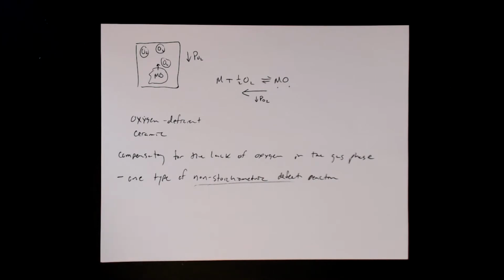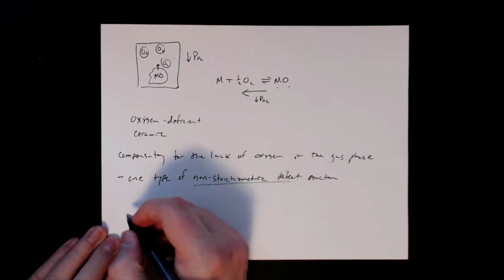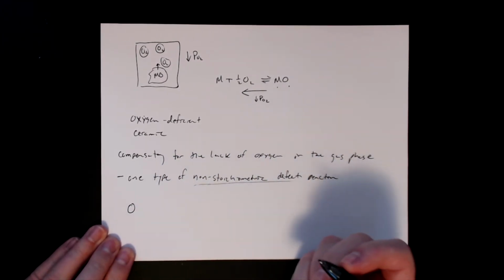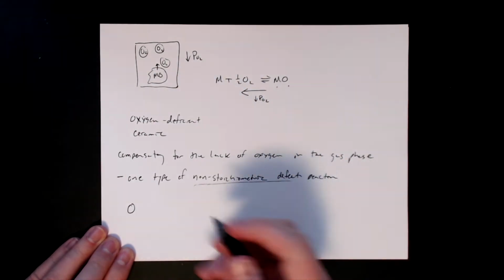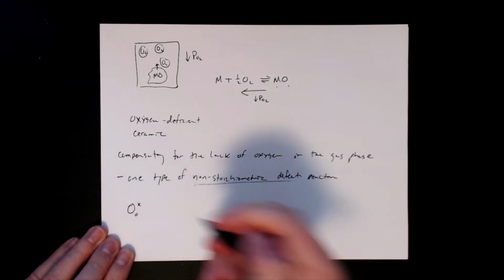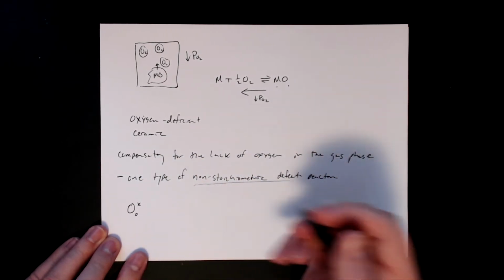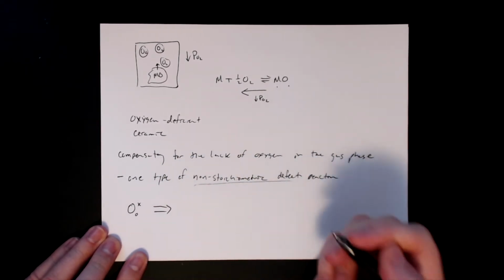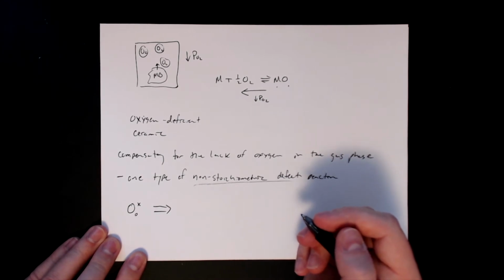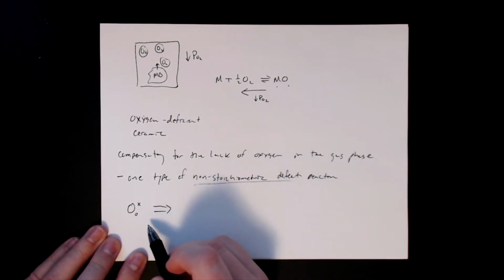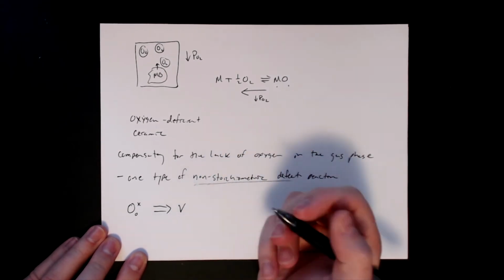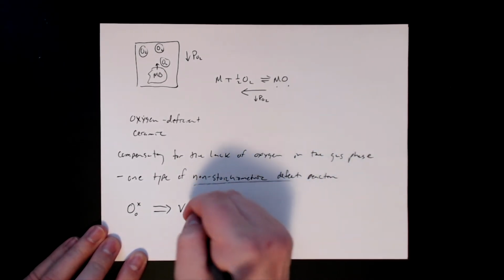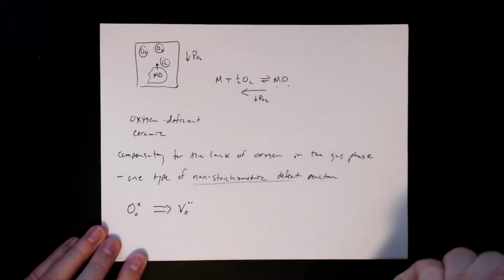All right, so let's talk about that defect reaction that you got for low oxygen partial pressure. If I'm going to write that, we're focusing on the oxygen because that's what we saw coming out. So we're going to write on the reactant side that oxygen is in its proper position and there's no change in charge. If it's leaving the structure, then we know we're going to have a vacancy, so we can go ahead and write that in.